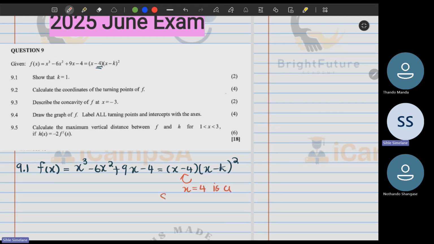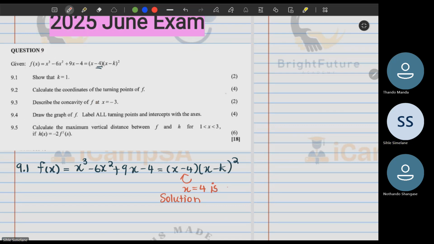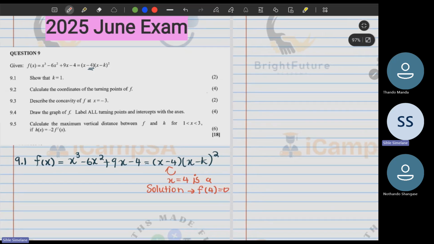What does it mean that it's a solution? It means that if you do f of 4, you will get 0. Okay, that is what it means when we say it's a solution.